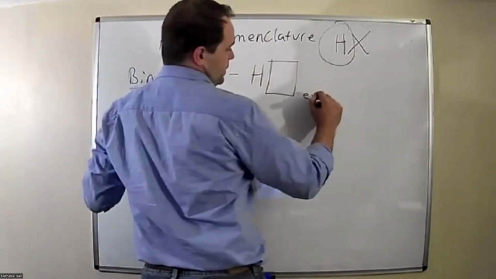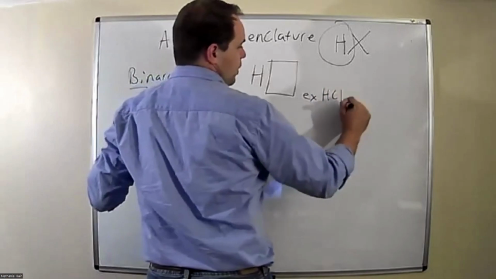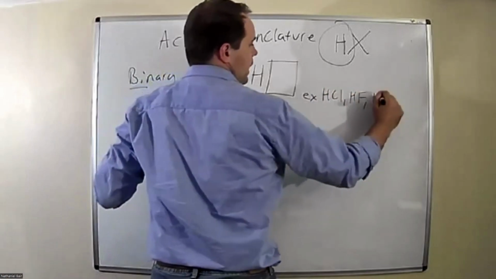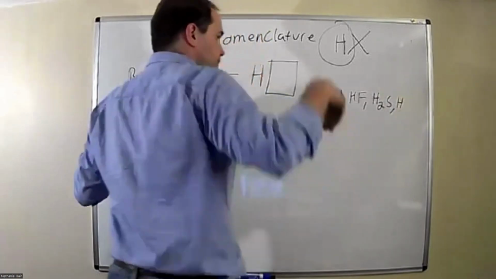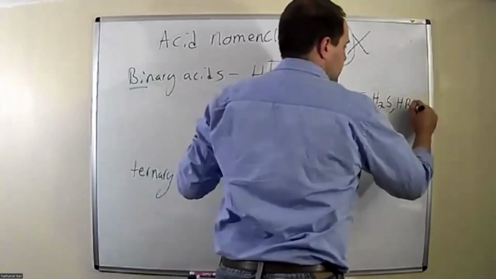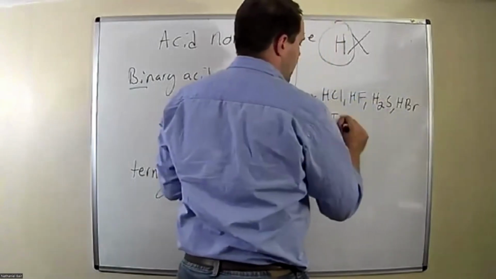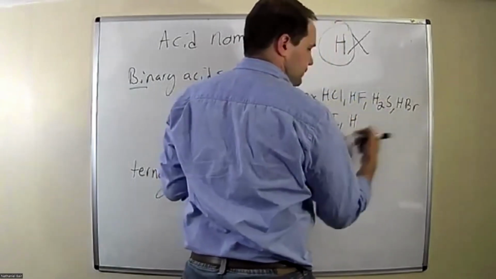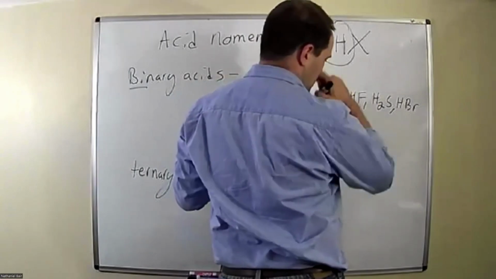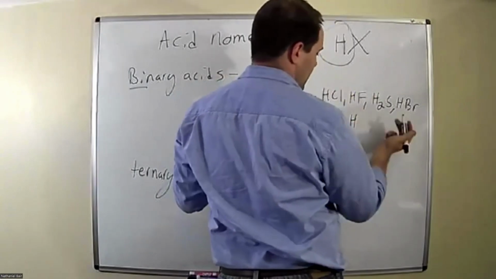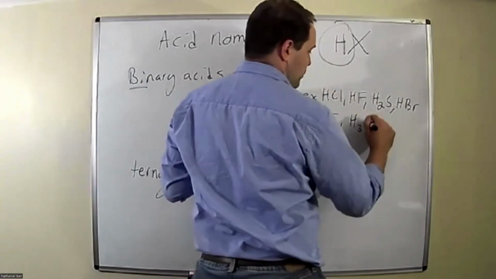So some examples would be HCl, HF, H2S, HBr, HI, H3P.